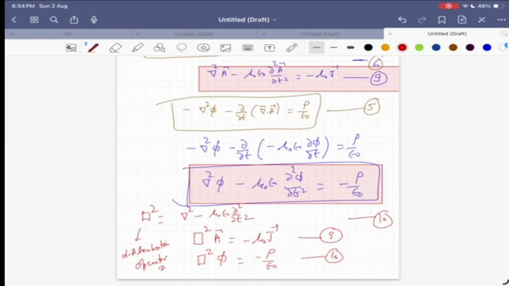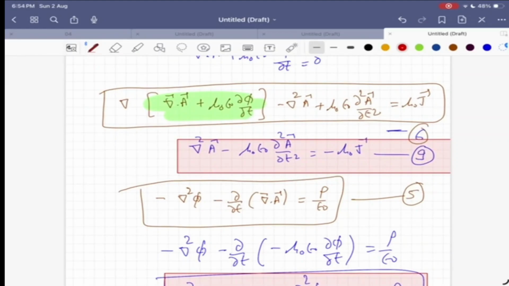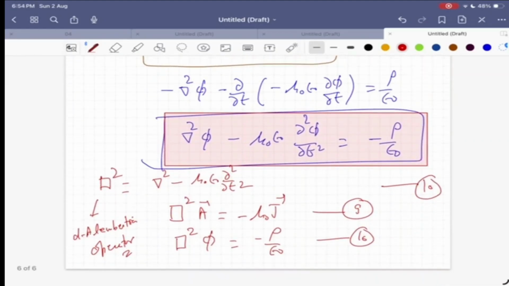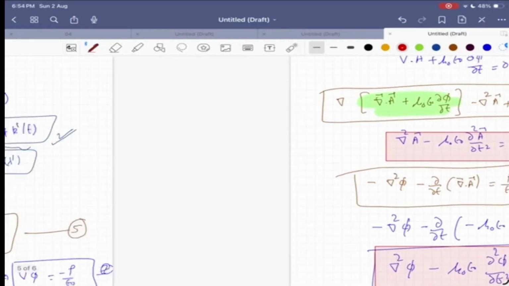Now the benefit of this gauge is that it has reduced the original Maxwell's equations to a very symmetric and useful form, which we can remember very easily, and we can solve them for A and phi if rho and j are given. Once A and phi are known, all the components of E and B can be known, and therefore we can easily solve any electrodynamical problem.